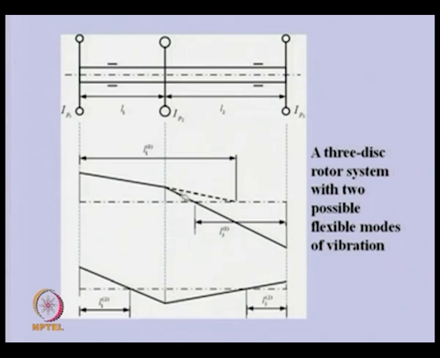In this second case, we have taken these 2 as having the same displacement. It may happen that the second and third disks have the same displacement compared to the first one. So, the other case is possible, but that will be determined by the relative mass moment of inertia of the disks as well as the stiffness.